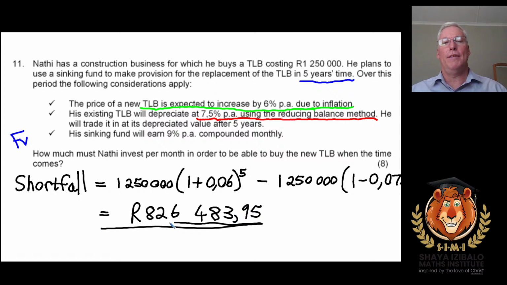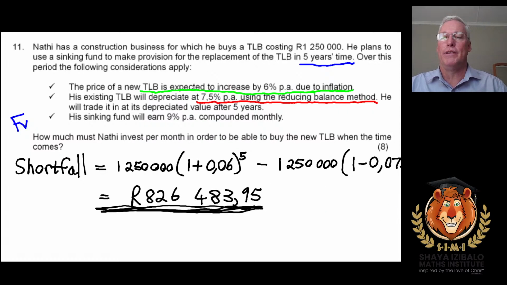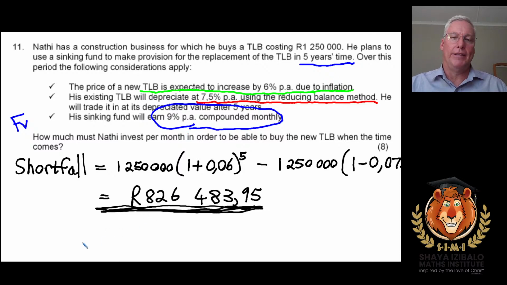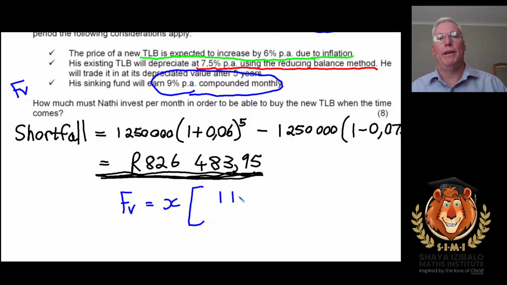This is, if he doesn't save any money, how much he's going to need to find in 5 years' time. And now the simplest part of this is that he's just going to use a sinking fund, which is a future value annuity, to save this money. We were told that the sinking fund is going to earn interest at that rate, and he's going to make monthly payments. So here's our formula: 1 plus i to the power of n, minus 1, over i.